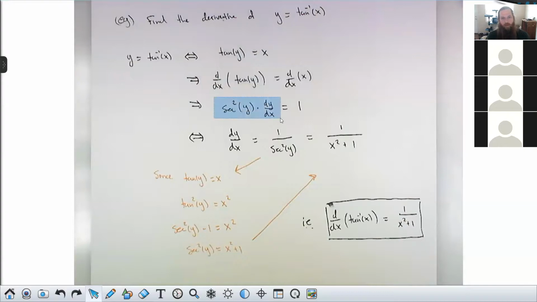The left-hand side will always require the chain rule, and you'll always end up with a dy dx here from your derivative of the inner. It's that dy dx that we want, because we started by saying y was my inverse function. So you divide over by whatever this thing is, giving you this, and then you try to simplify this expression using the fact that these functions are inverses, and that will always be manageable. And here, for the arctan function, we find that the derivative of arctan is 1 over x squared plus 1.